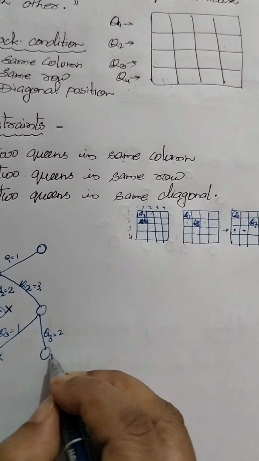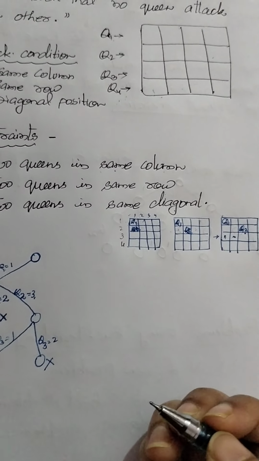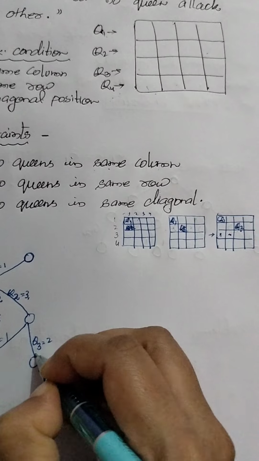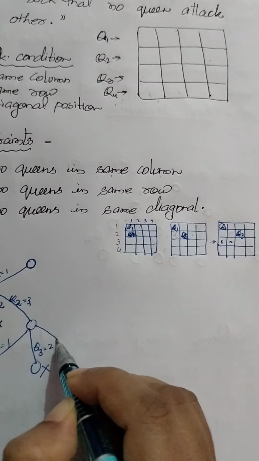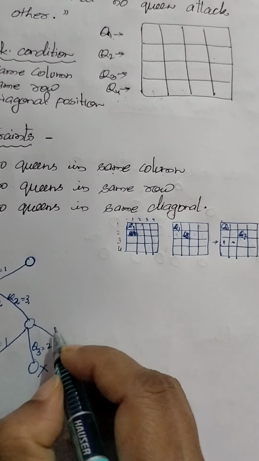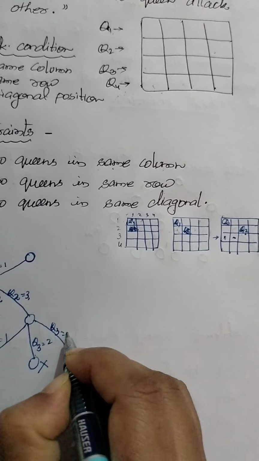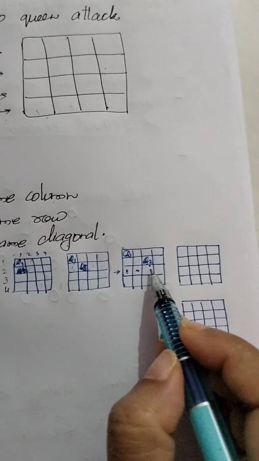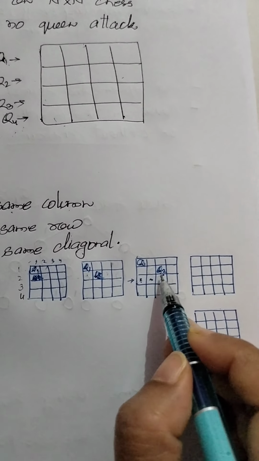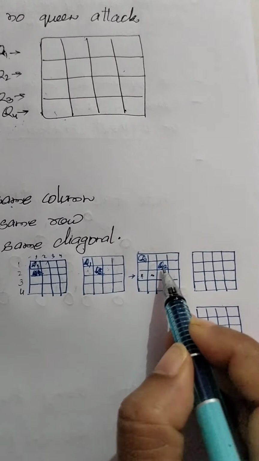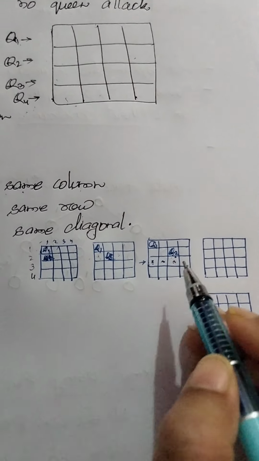So we cannot place it here, and we go one step back. Next, can we place q3 in the third column? No, because q2 and q3 would be in the same column and they can attack each other.